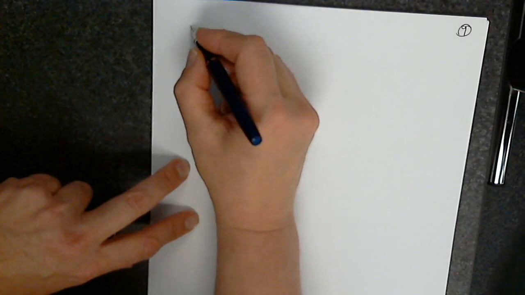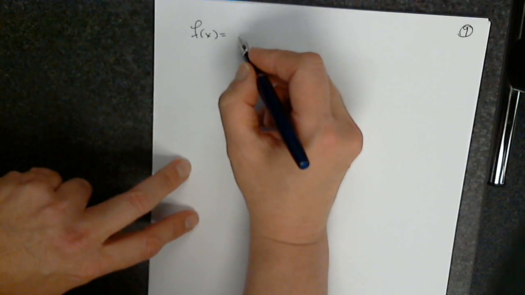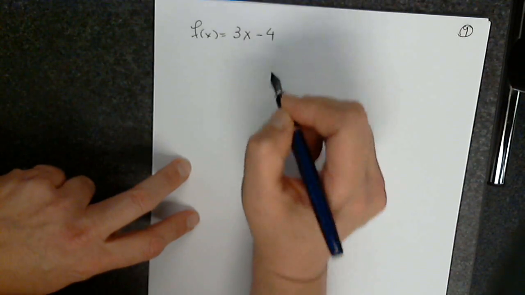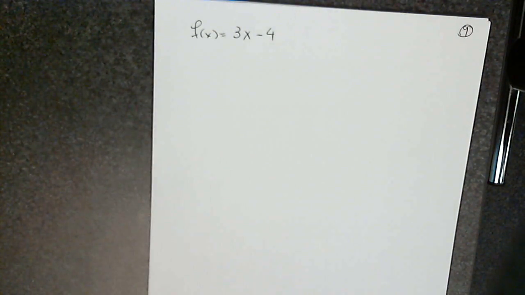So can you tell me whether, let's say, 3x minus 4 is 1 to 1? Think of its graph, think of what it is, and let's just write a note. This function is 1 to 1 because... All of the functions that I showed you are continuous. What type of function is this?